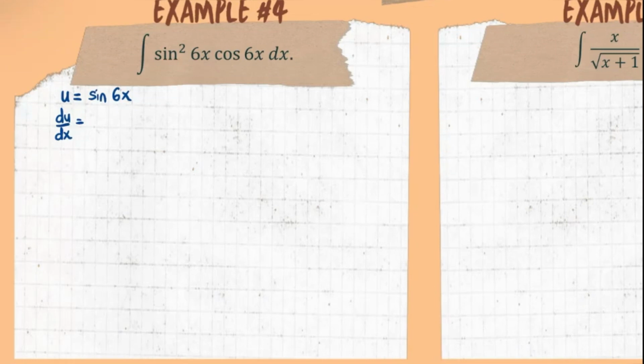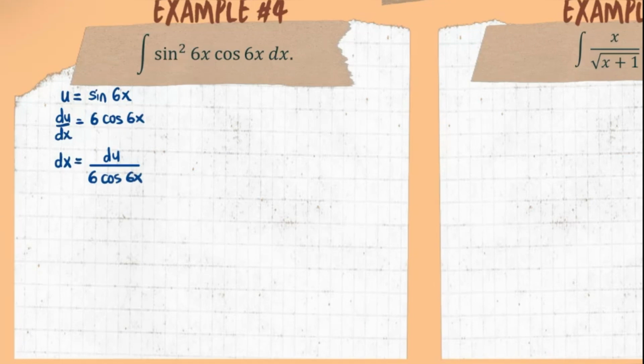Okay, so it will be cos of 6x, and then darab dengan kita differentiate 6x dapat 6. So 6 ni saya letak dekat depan terus lah. So 6 cos of 6x. Okay, and next I'm going to write dx as our subject. So kita ada du over 6 cos of 6x.